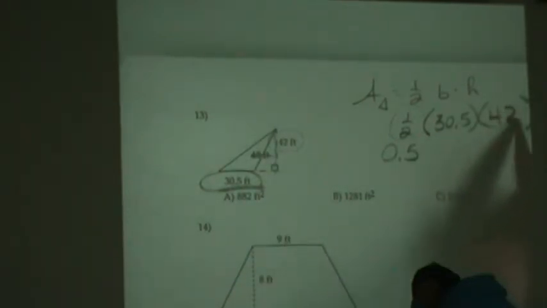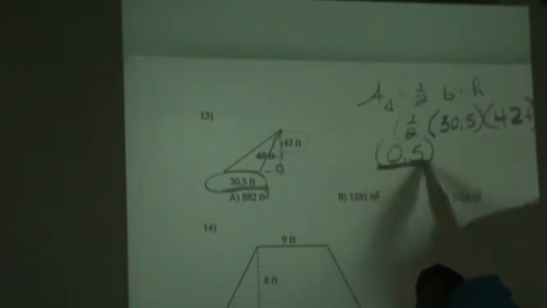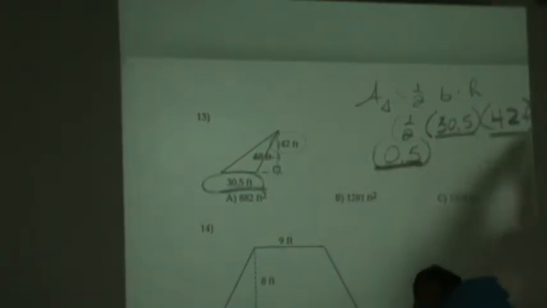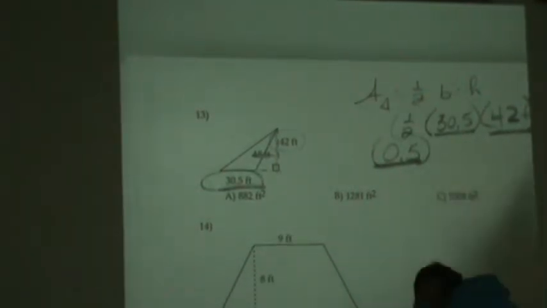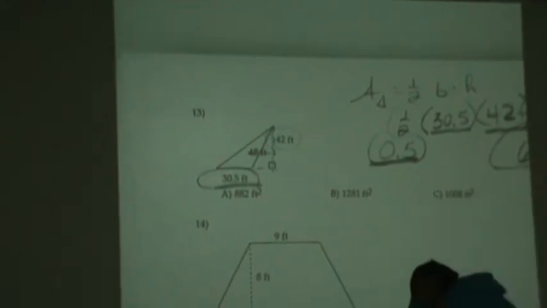It's the one that's at a right angle. 42 feet. So you know our answer is square feet. If you want to put all these in the calculator, put 0.5 times 30.5 times 42. So you have 640.5 square feet.